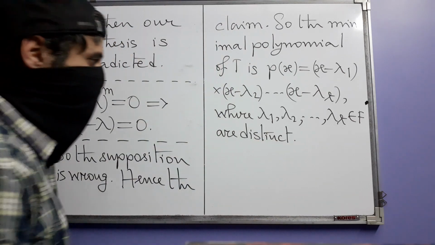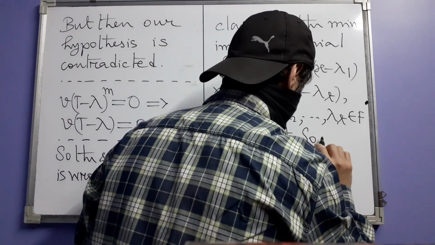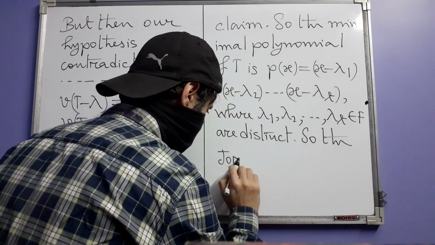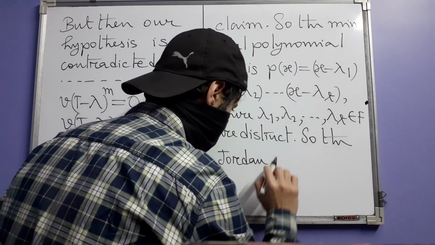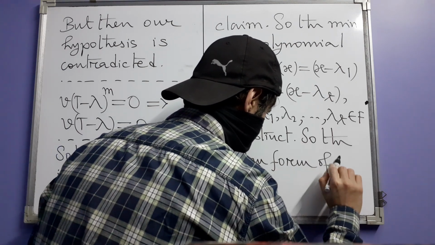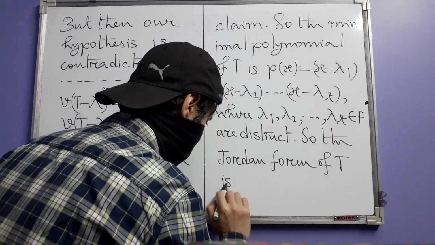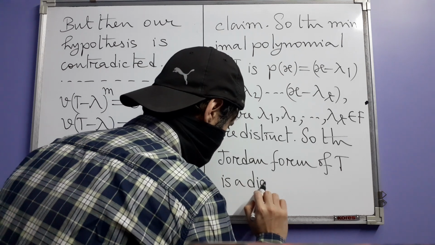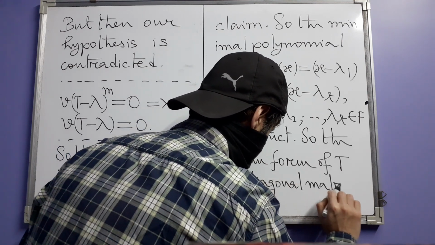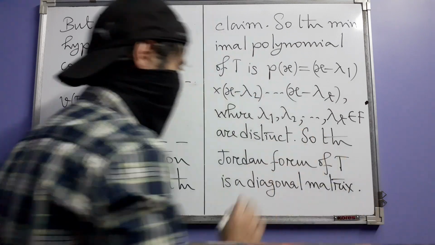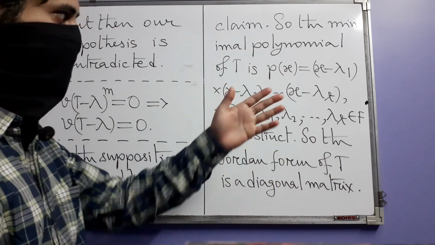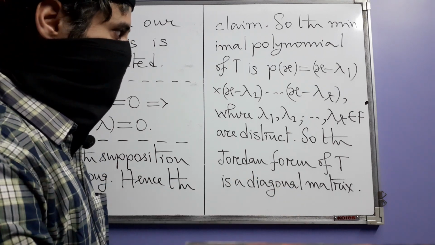So the Jordan form of T is a diagonal matrix. Because of this distinctness, the Jordan form is a diagonal matrix.